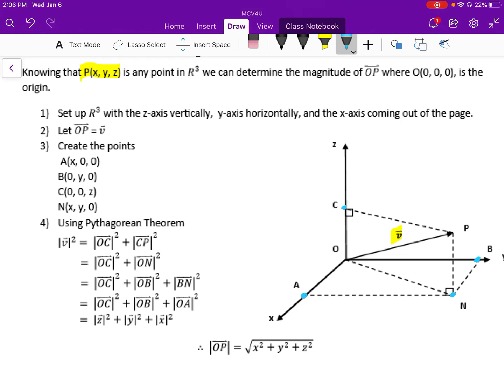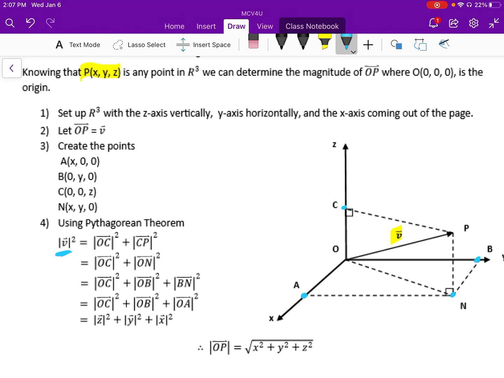If we want to find out the magnitude of the vector, which we do, we can see that we've got a right angle triangle between O, C, and P. Looking at V as the hypotenuse, the magnitude is the hypotenuse, we can say that it's OC squared plus CP squared.